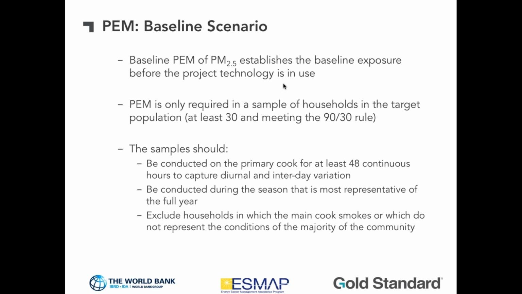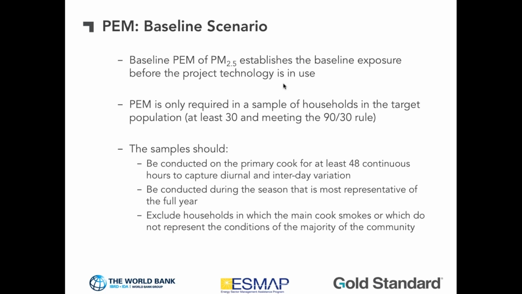on 2 consecutive days. It should also be done in a season which is considered most representative of the full year. Now, this is a very generic statement that we have in the methodology, because it's very difficult for us to give requirements which would fulfill the conditions for your project scenario.